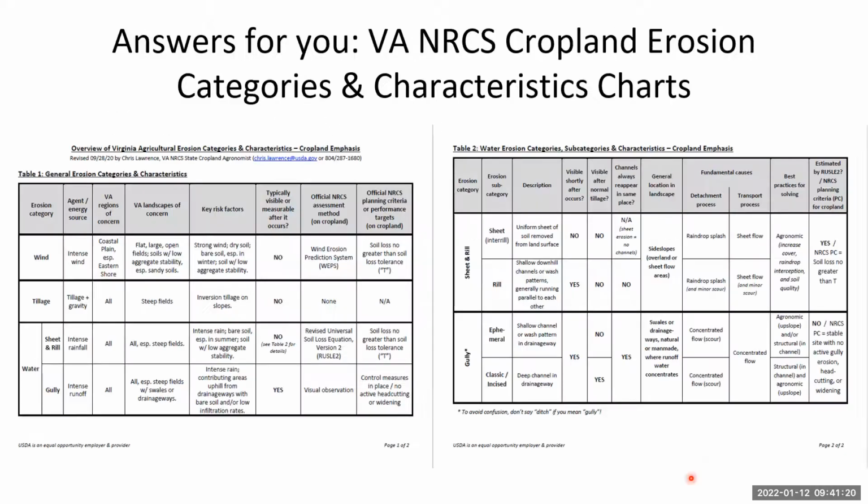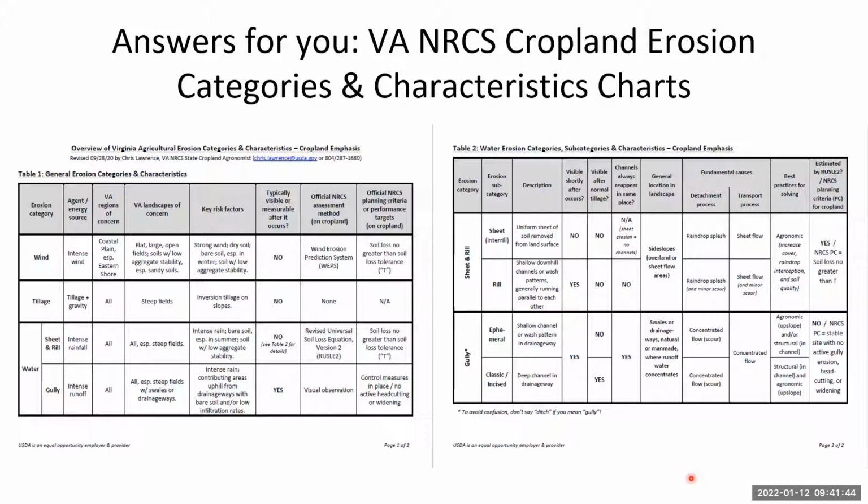So I asked you those questions, and I'm going to try to cover and explain the answers, but the answers are actually in this chart. It's a 2-pager, so it's 2 sides of a page, 1 sheet of paper. I created a chart on Virginia NRCS cropland erosion categories and characteristics.